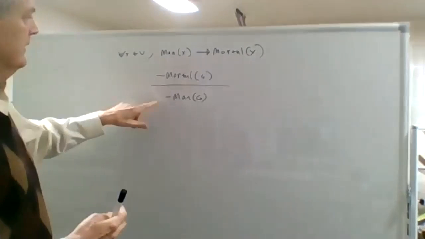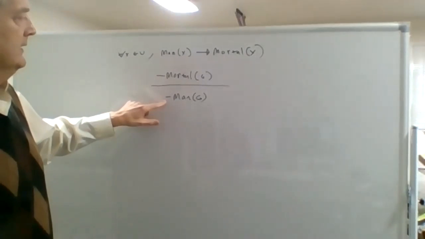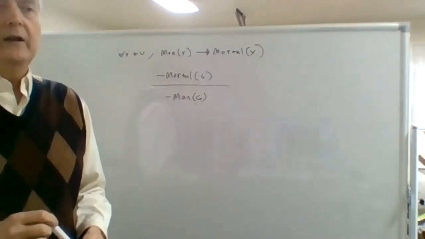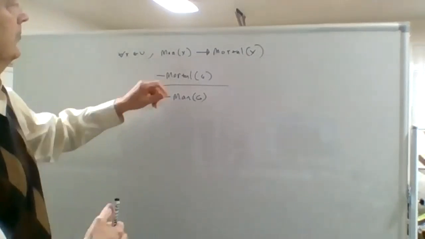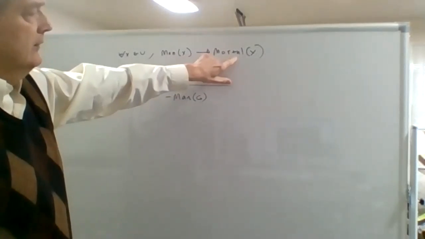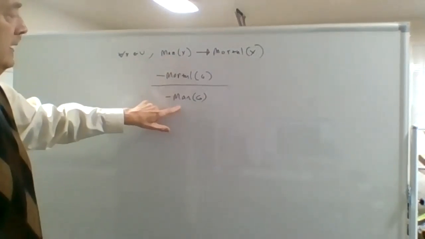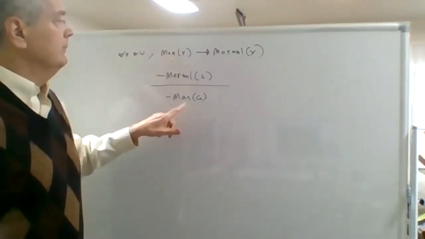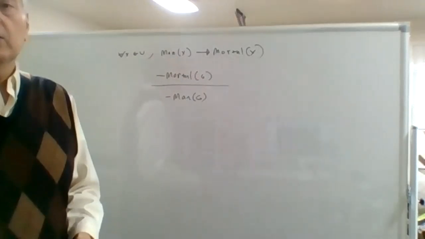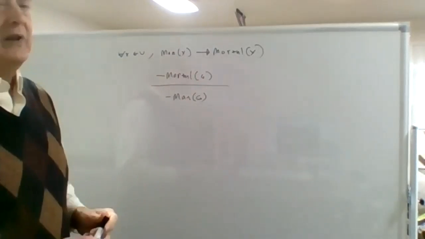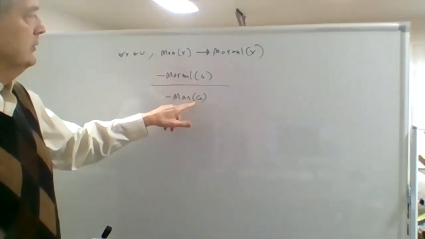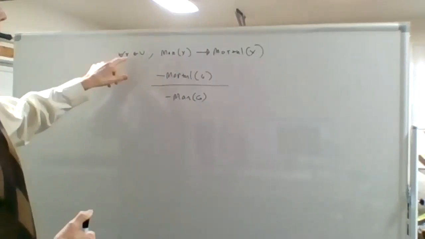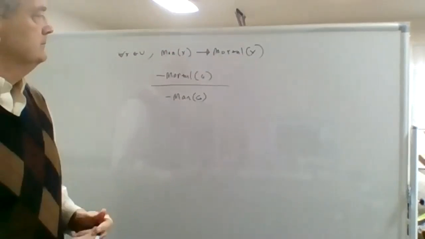So we can conclude Gabriel is not a man, and that is valid because it's modus tollens. We take the negation of the consequent, and that gives us the negation of the antecedent for the particular instantiation, in this case Gabriel, which I represented with G, and then the variable x stands for anybody.